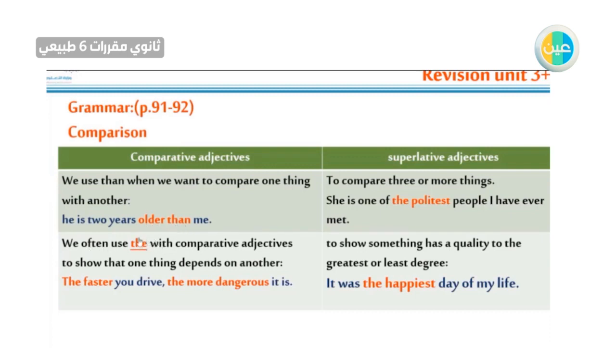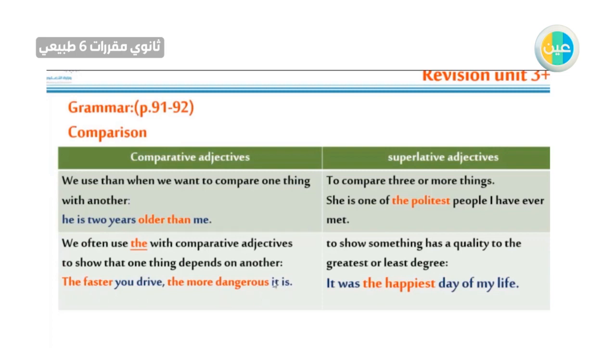We often use the with the comparative adjectives to show that one thing depends on another. Look at the sentence. The faster you drive, the more dangerous it is. Here we use the, not than, in a sentence to show that one thing depends on another.